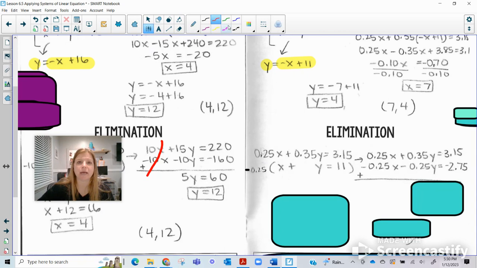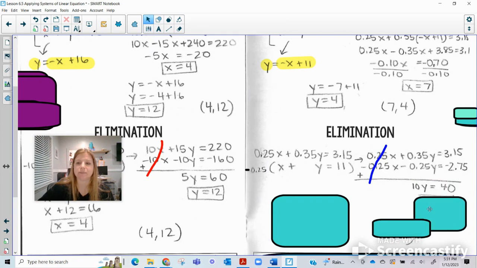When I do that, now my x's are opposites, the coefficients are opposites, so it would eliminate out. 35 cents y minus 25 cents y is 10 cents y. And then 3.15 minus 2.75 is 40 cents. And then if I divide both sides by 0.10, I end up getting y equals 4.